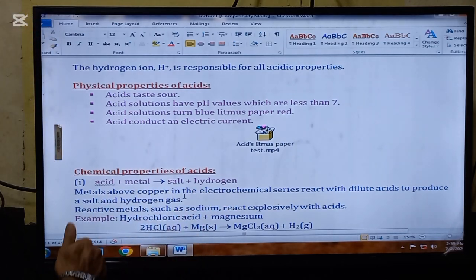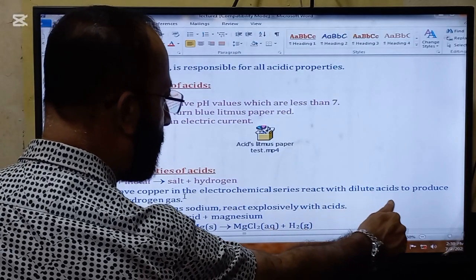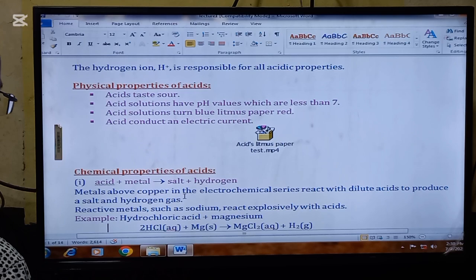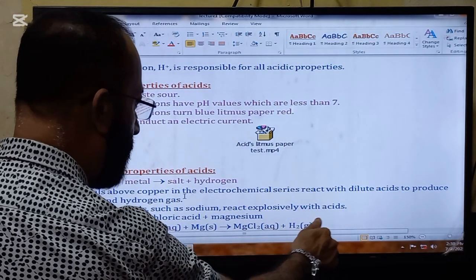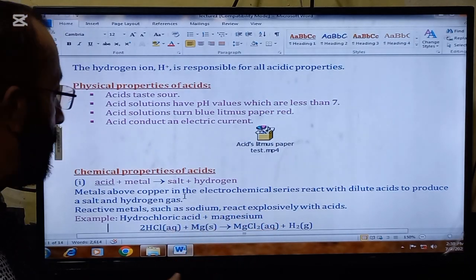So look now, metals above copper in the electrochemical series react with dilute acids to produce a salt and hydrogen gas. So reactive metals such as sodium react explosively with acids. So this is another very important point to remember.